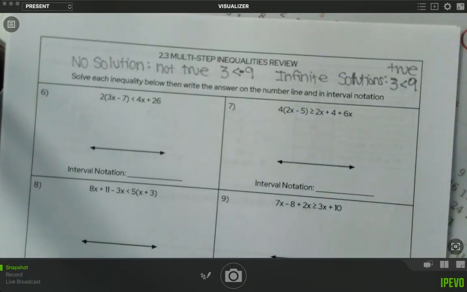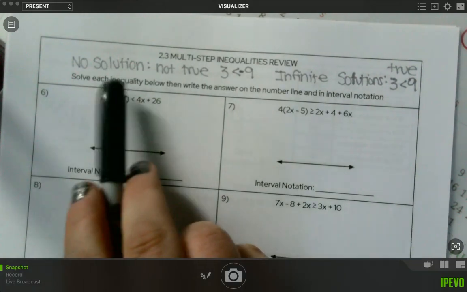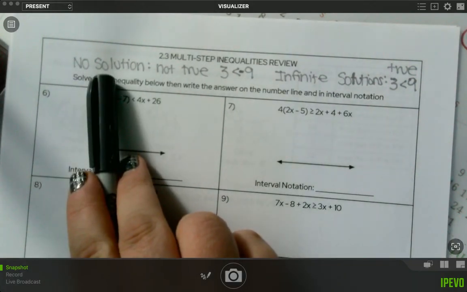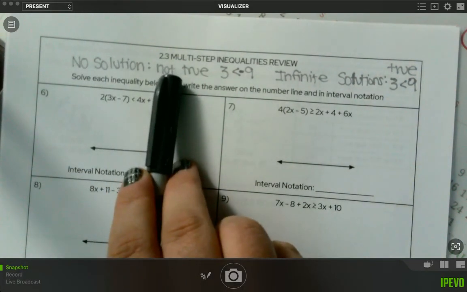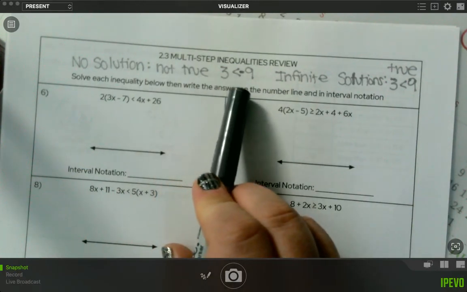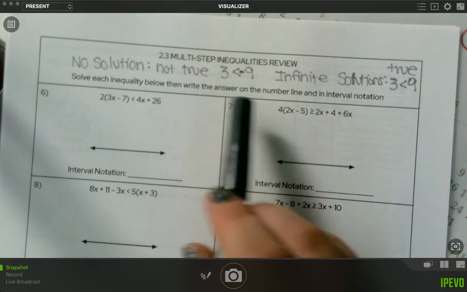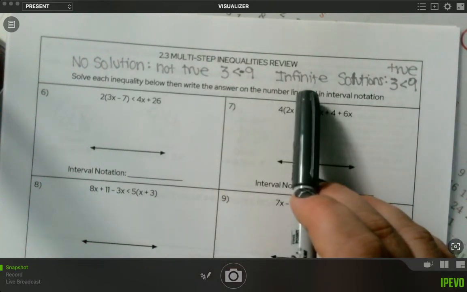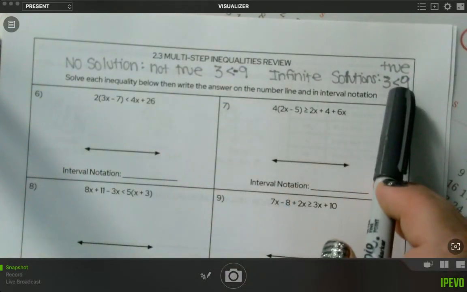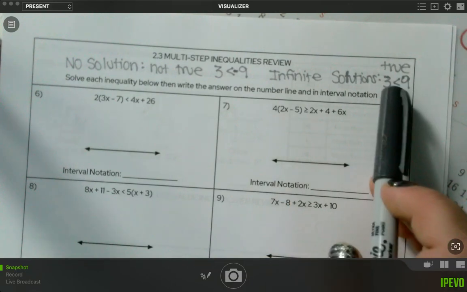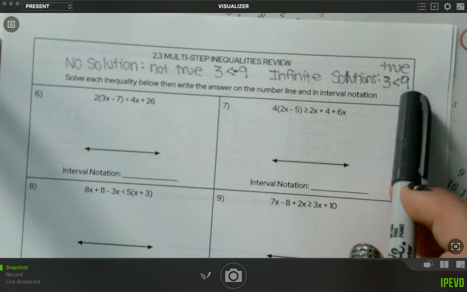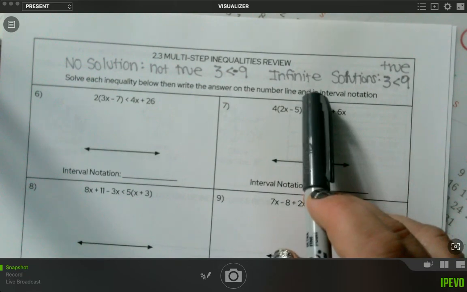Okay, moving on to 2.3. I kind of already filled this one in for you. No solution means that it's not true. Like 3 is less than -9. 3 is not less than -9. But infinite solutions are true. Like 3 is less than +9. 3 is less than 9, so this one's true, so you would write infinite solutions.